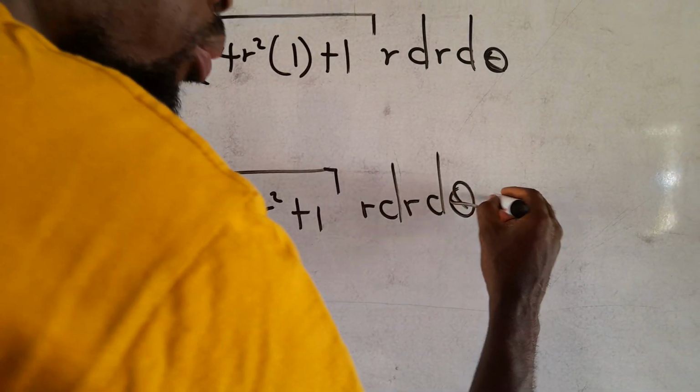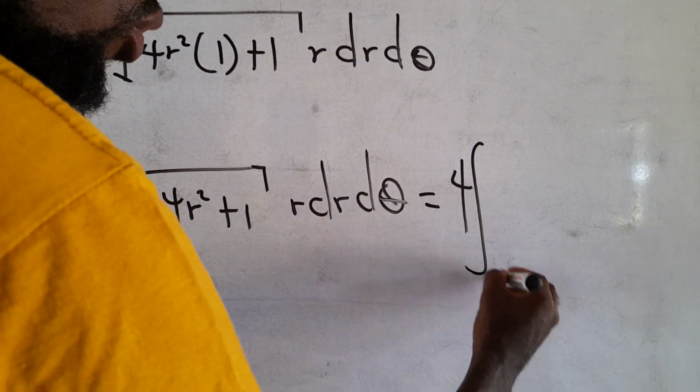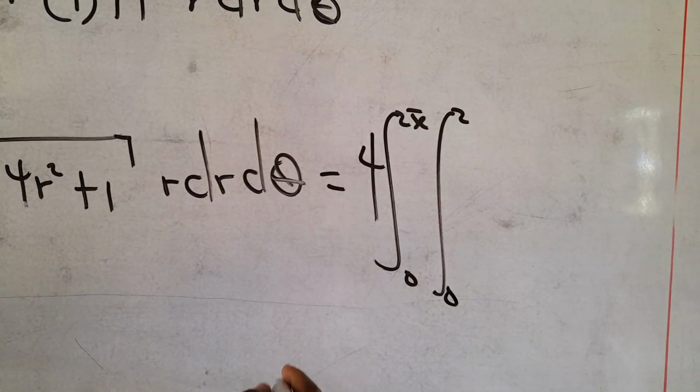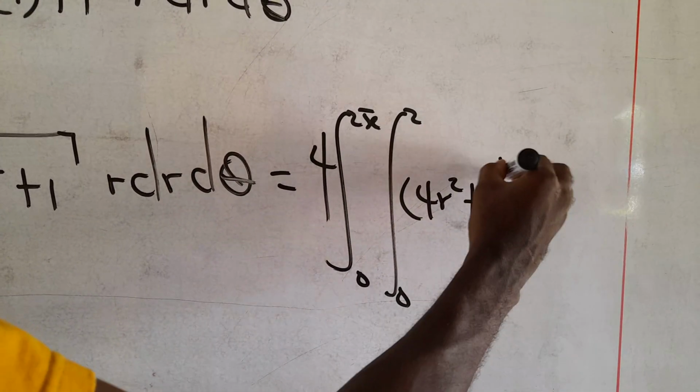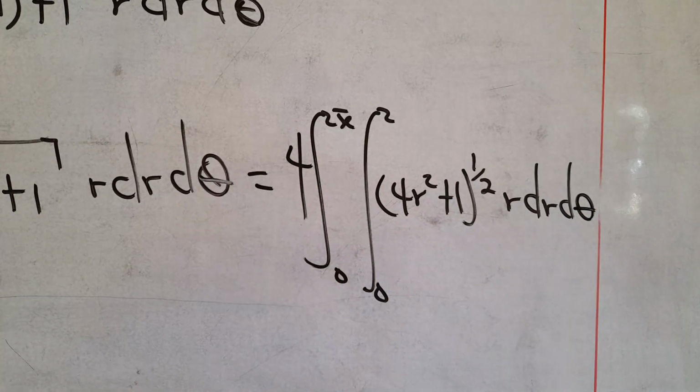And remember, our problem can be written as a double integral, spanning from 0 to 2 pi for theta, and from 0 to 2 for the radius, of 4r squared plus 1 exponent half, r dr d theta.